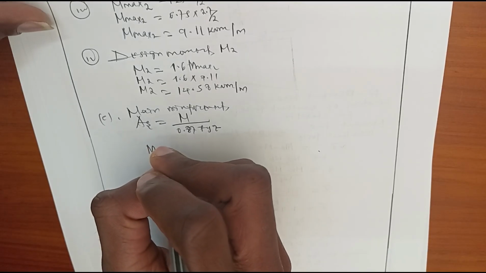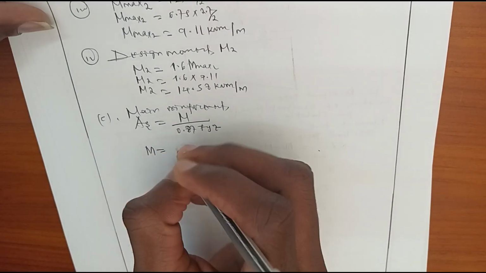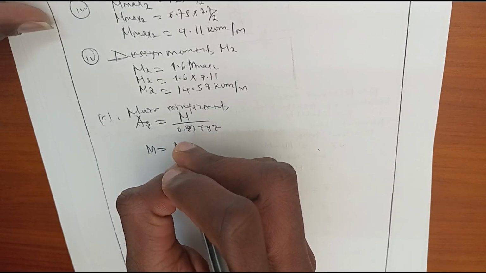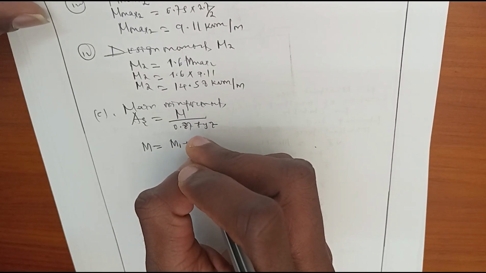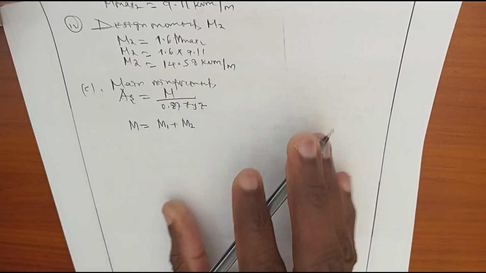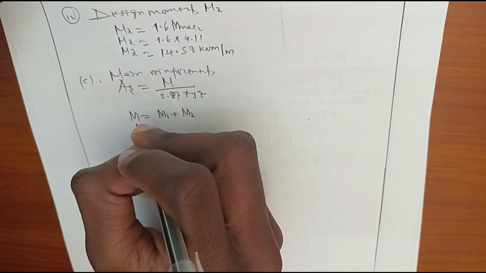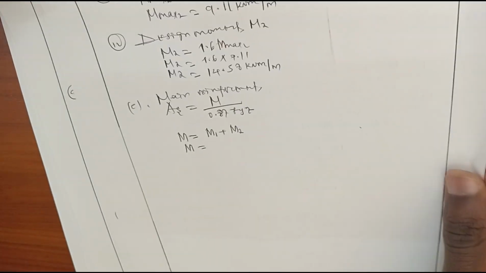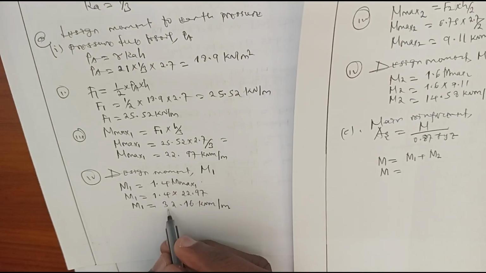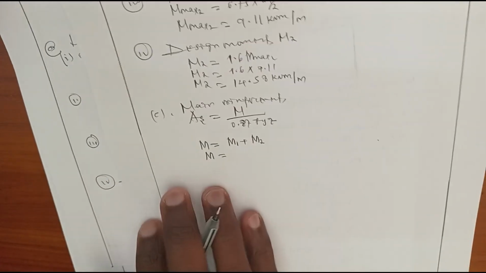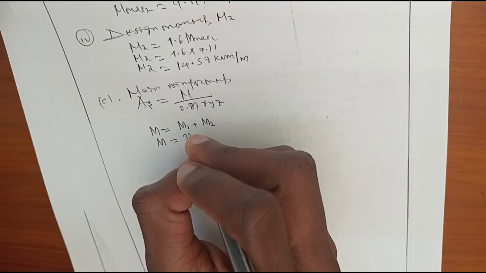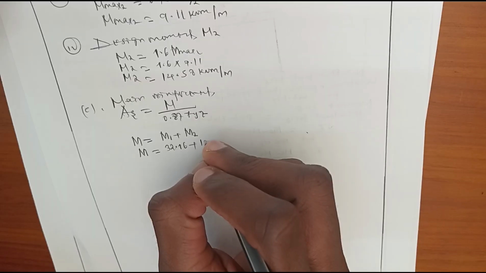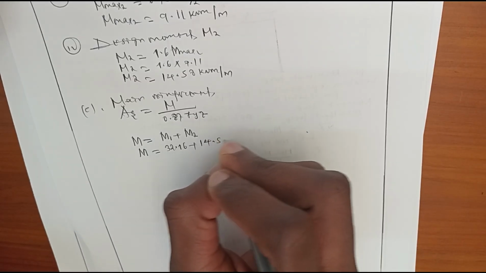This maximum design moment of the stem is obtained by taking the design moment due to soil pressure, which is moment 1, plus the design moment due to the surcharge, which is moment 2. Now, this design moment of the stem is obtained by taking the maximum design moment due to the soil, which is 32.16, plus the design moment due to surcharge, which is 14.58.